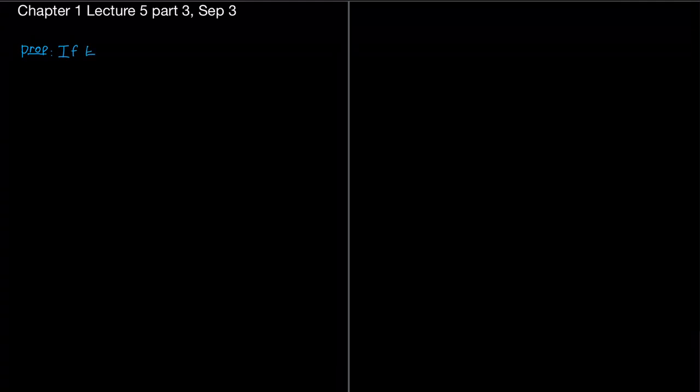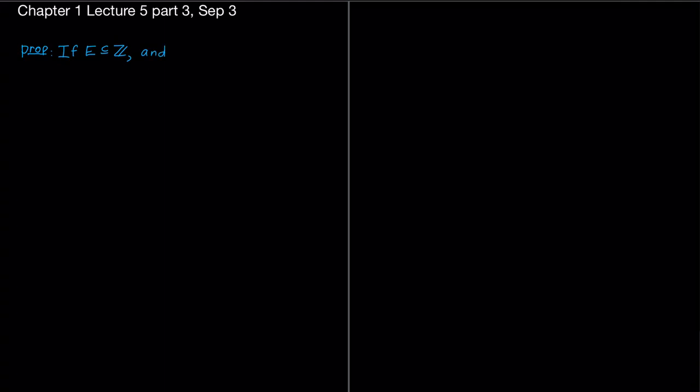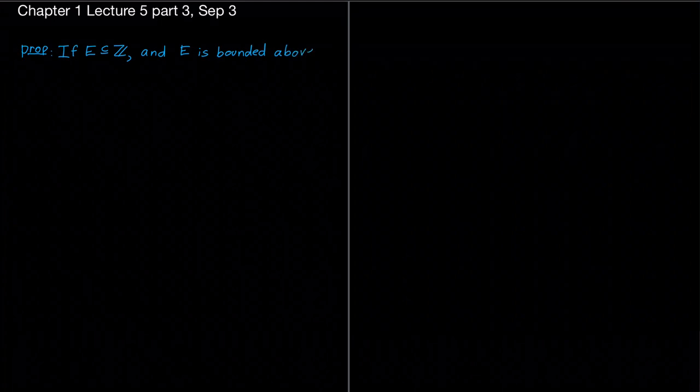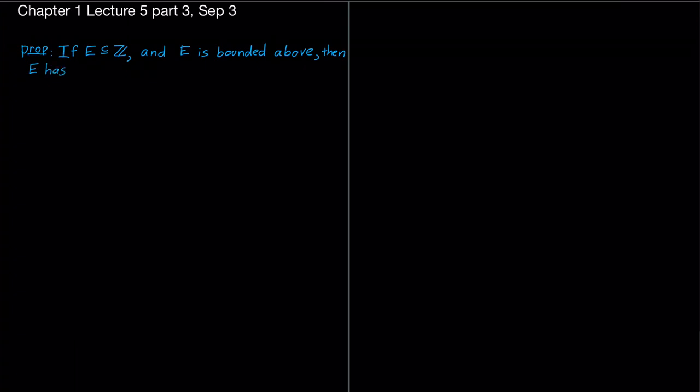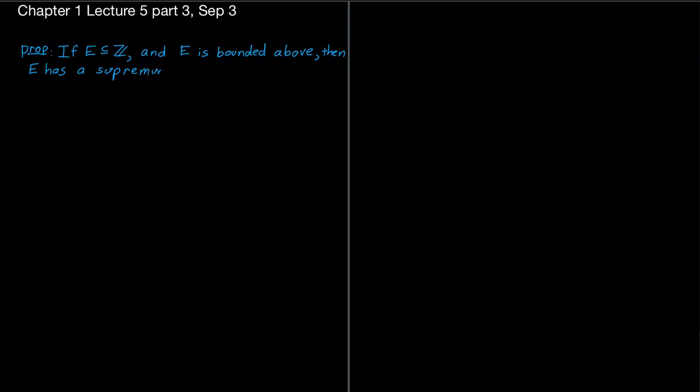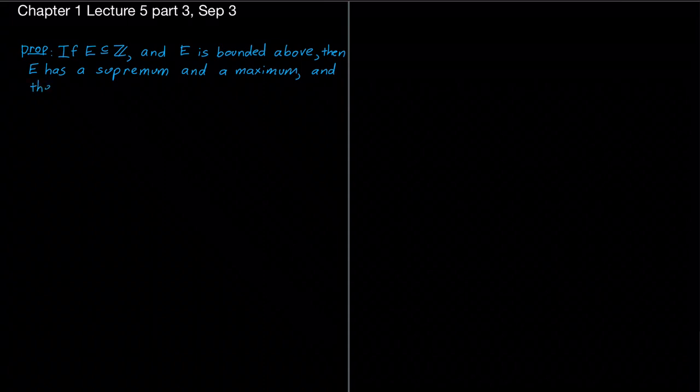If E is a subset of the integers and E has an upper bound, sometimes we write that as E is bounded above, then E has a supremum and a maximum. And they are equal.